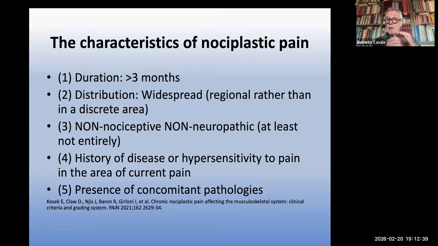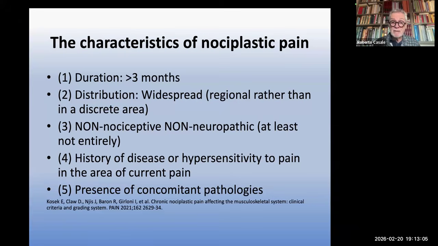So not in the area of distribution of the median nerve, not in the area of the radial nerve, not in the area of the ulnar nerve, but in all your arm, which is regional and not related to any nerve lesion. So we have a non-nociceptive, non-neuropathic new entity.